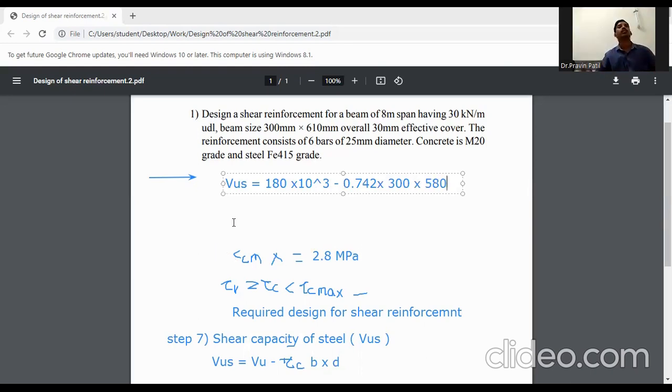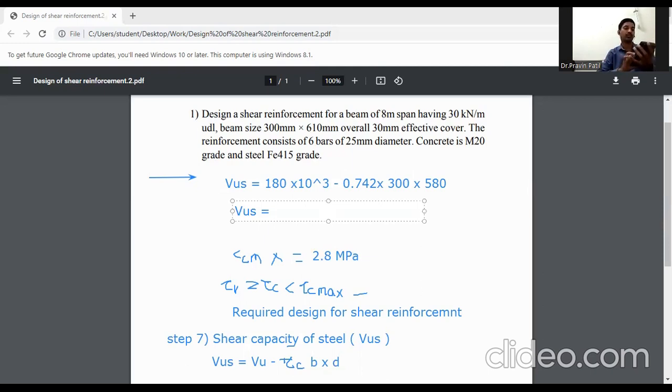So we get the shear capacity of steel, that is VUS.